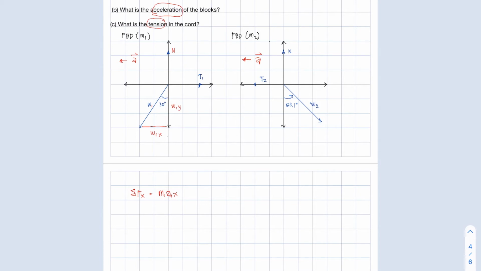What are the forces that exist along x? That is just tension 1, equal to m1 times the acceleration 1 along x, which is actually negative since it's directed towards the left. So this will bear a negative sign, a1x. So T1 equals negative m1 a1x is your first equation. You call that your equation 1.